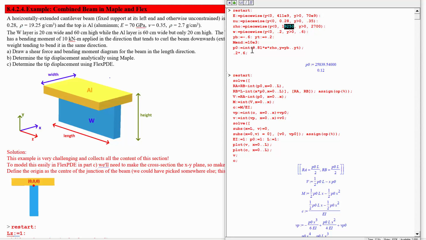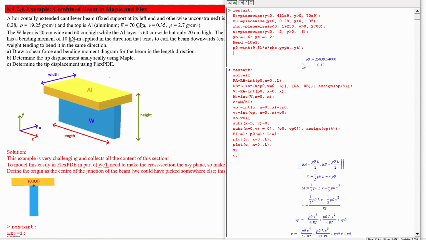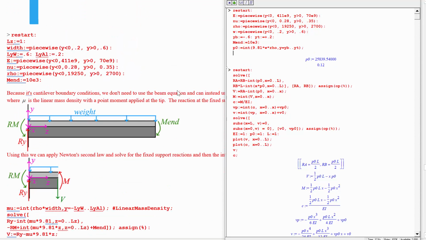And the 2,000 kilograms, when we multiply it by 10 newtons per kilogram, will give us 20,000 newtons as the weight of the tungsten. So that seems right. All right, yeah, tungsten's heavy. So at least this much of it is. So this is the distributed load that we have along the top, and we've got our moment at the end.